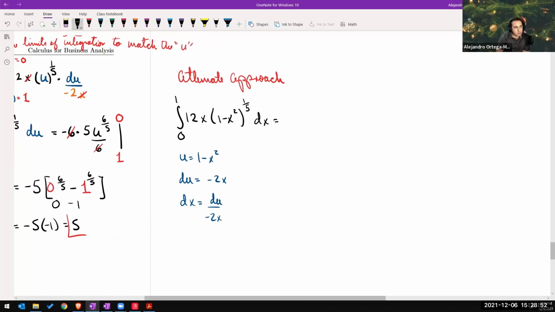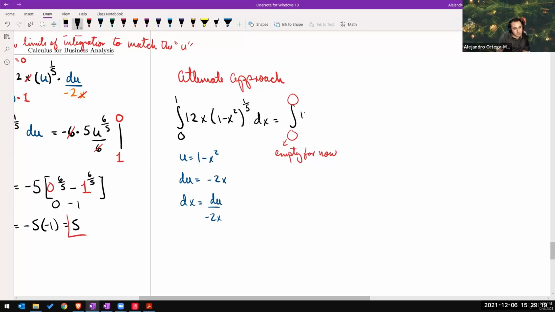We do the integral, but this is what I will ask you though. If you're using the alternate approach, when you're writing the problem again, leave the bounds empty. Just empty for now, because we're going to be putting them back, but at the very end.